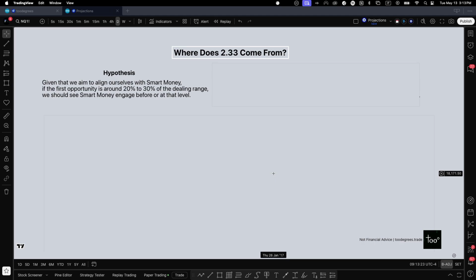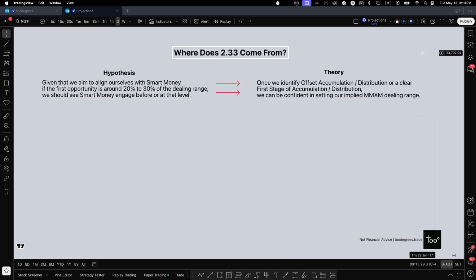That is pretty much what we've kind of established thus far, right? What that means is then, in theory, if we identify an offset accumulation or distribution or a clear first stage of accumulation and distribution, we can be confident in defining what the dealing range is.